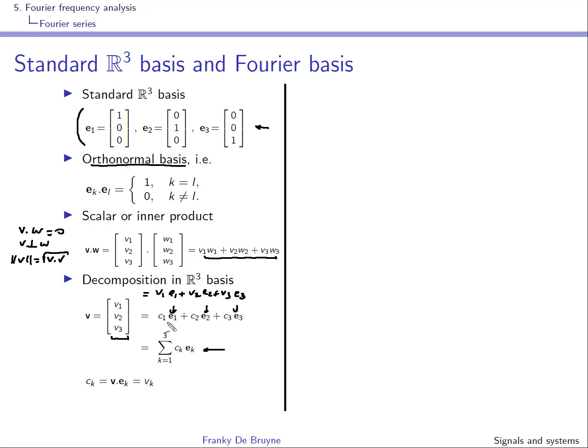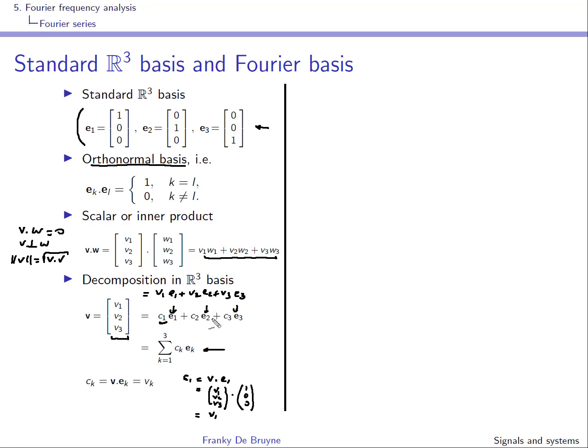But how are these C1 obtained? Let's compute, for instance, C1. It's the scalar product of V with the corresponding vector in the basis over here. And if you do that, V1, V2, V3 scalar product with 1, 0, 0, you indeed see that this is V1.